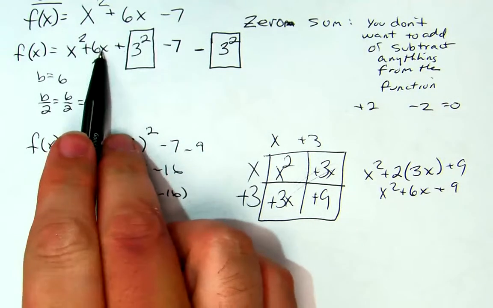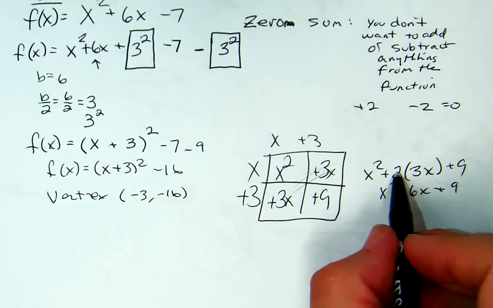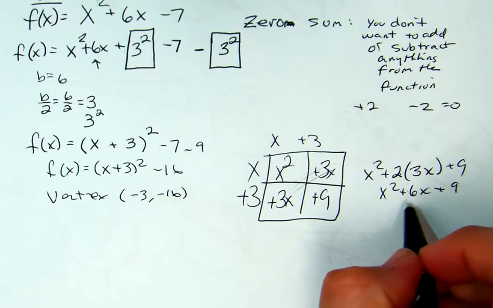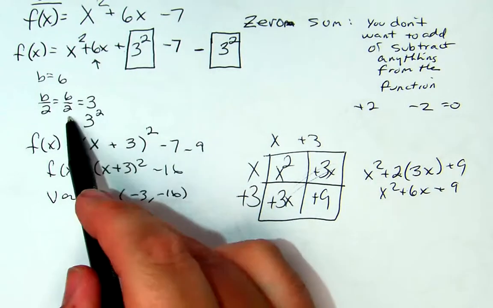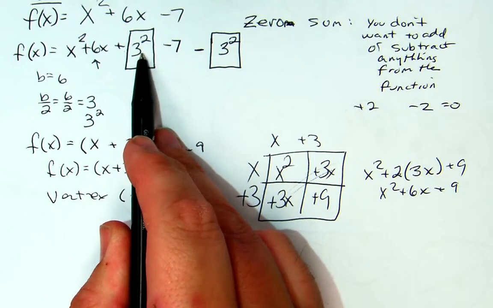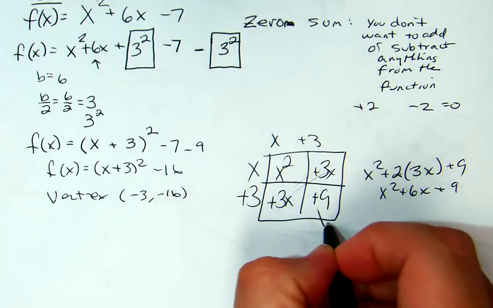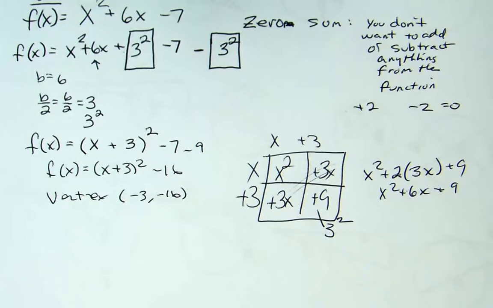Now, since I already have the 6x, but I don't know what that number is, since I need 2 of them to build this, if I took 6 and divided it by 2, like I did, I got the 3, and that tells me exactly what's being squared. Because here, that 9 is 3 squared. So that's really where it comes from.